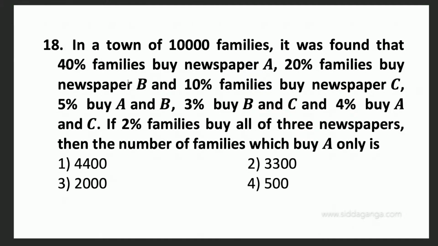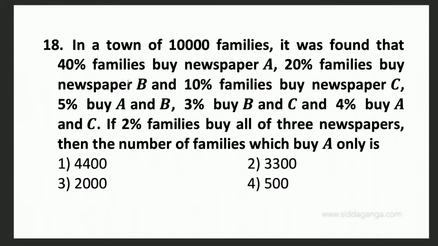In a town of 10,000 people, universal set is what? N of U, 10,000 families. It was found that 40% of the families read newspaper A, N of A, 40% of 10,000. Correct now?